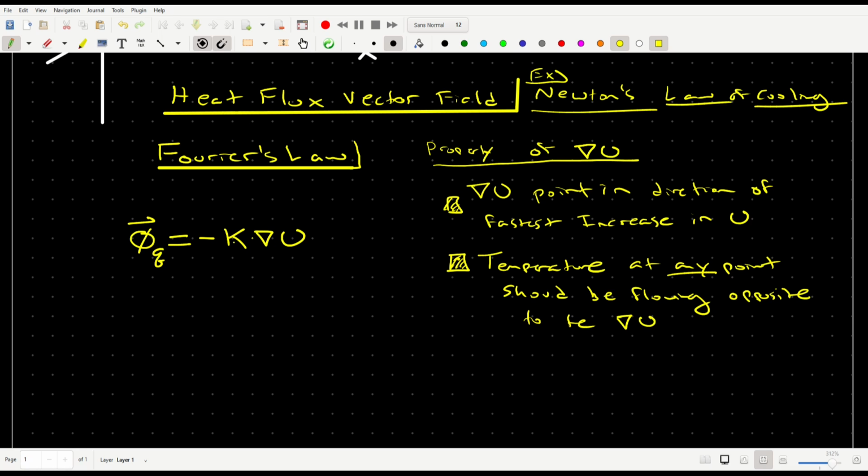Right, this is a vector field, and it's basically saying that heat energy should flow opposite the direction of the gradient vector, because the gradient vector always points at fastest increase in temperature, and therefore the heat should always flow opposite to the direction of the gradient at any point.